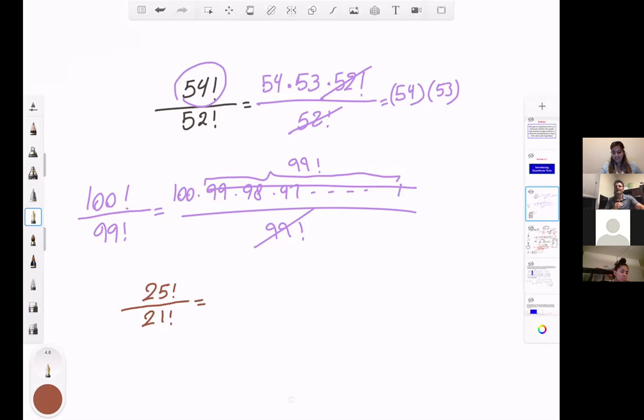Don't give me the answer. Again, it's a big number, but what numbers should I multiply to get that? Is it 25 times 24 times 23 times 22? Yes, Lucian, very good. So by looking at the question, this is going to be a huge number.